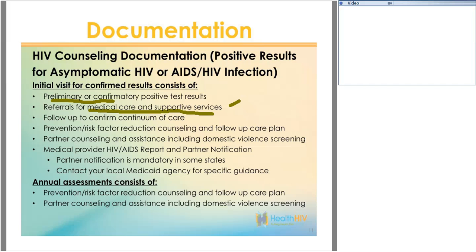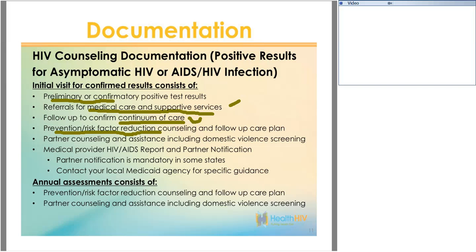If there's going to be any continuum of care associated with the patient's visit, this should be documented in the chart. Prevention and risk factor reduction counseling is extremely important, and this should also be documented in the medical record. So these are all elements of a medical record that should be documented when the patient has a positive result or when it's confirmed that they have the HIV or AIDS infection.